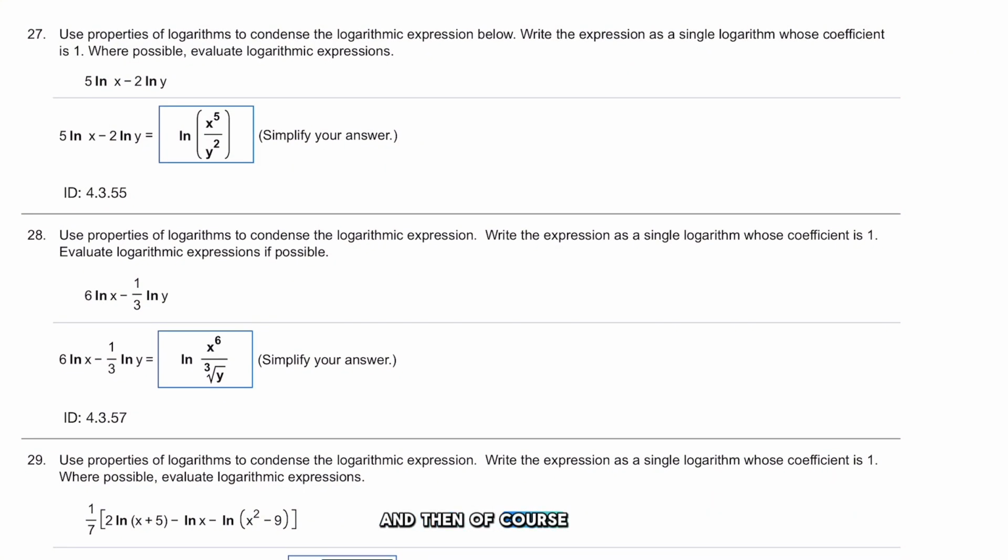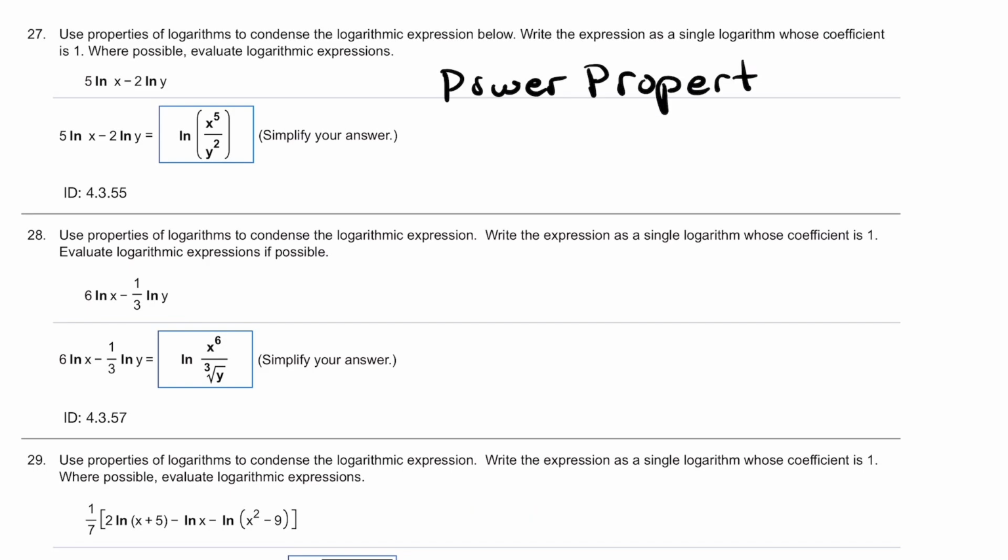And then, of course, we have subtraction, we have the powers. So you see how we end up with that result.